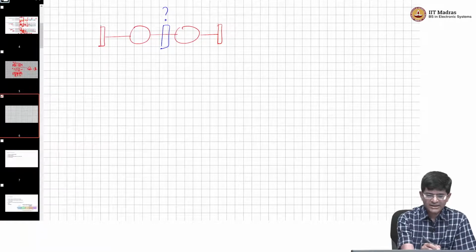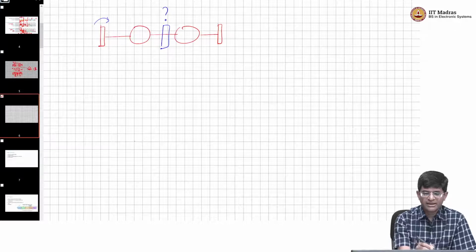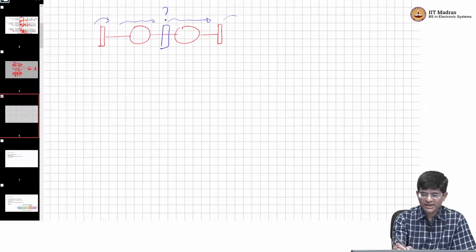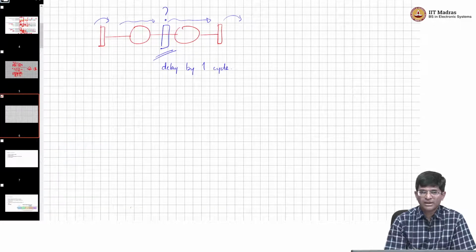And in order to understand that, you need to realize that after all, inputs are coming in here at a regular rate, right. What is happening is there is some computation which ultimately is supposed to pass through both of these units and finally supposed to come out of this register. By inserting this new register in the middle, we are delaying everything by one cycle, right. Now, in general, there is no problem with that.